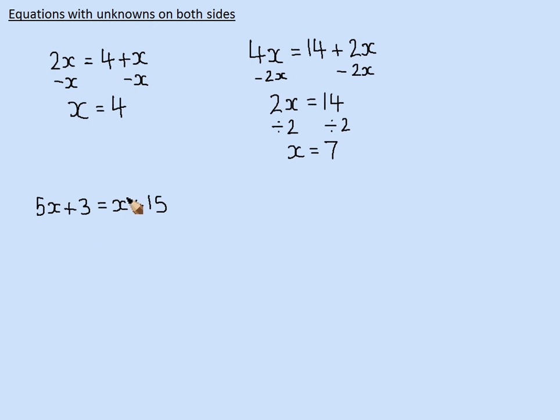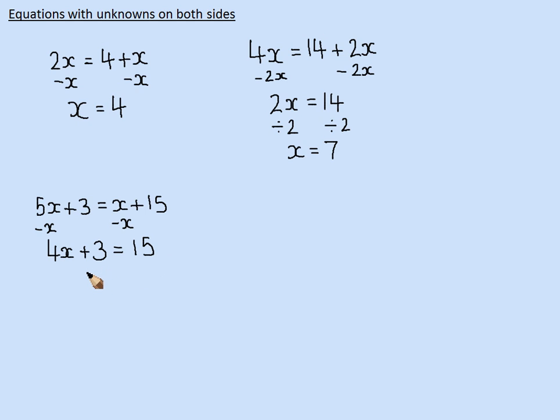So this x on its own has got to go. We're going to take x away from this side, and make sure we do exactly the same to the other side. 5x take away 1x is 4x. That 3 is still the same, and that's equal to 15. Okay, this is an equation that you're used to solving at level 5.